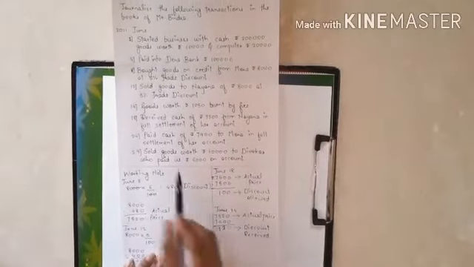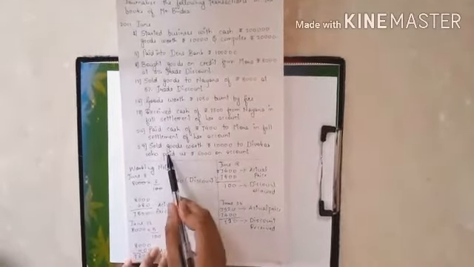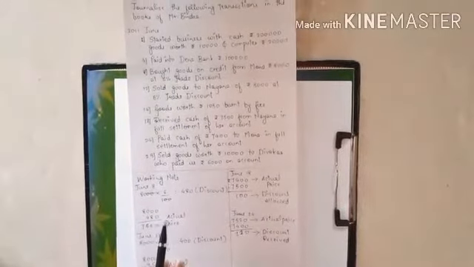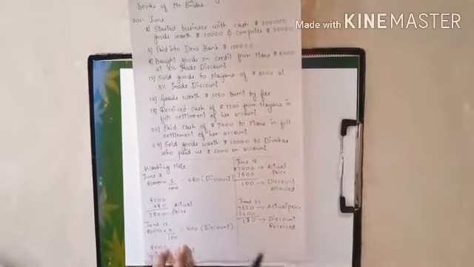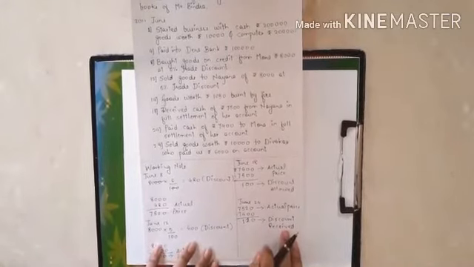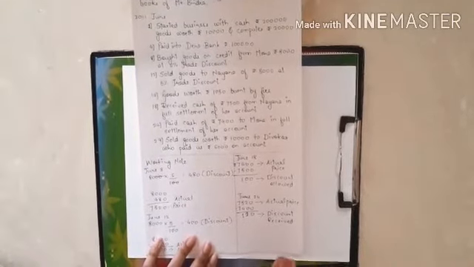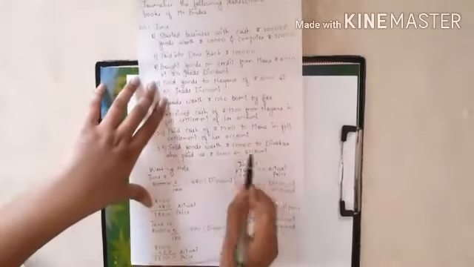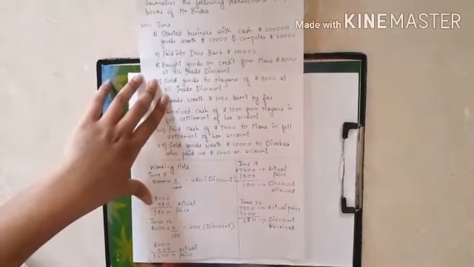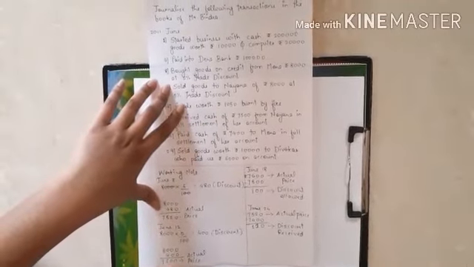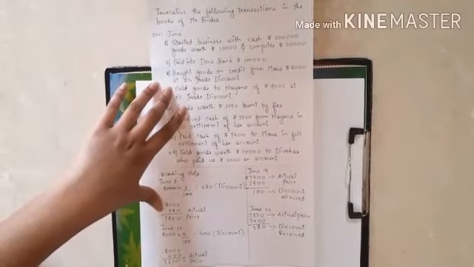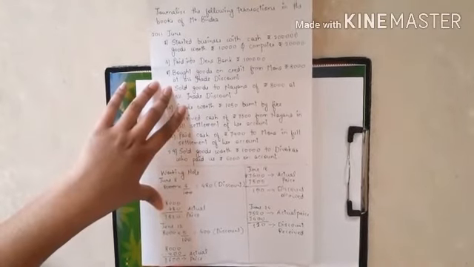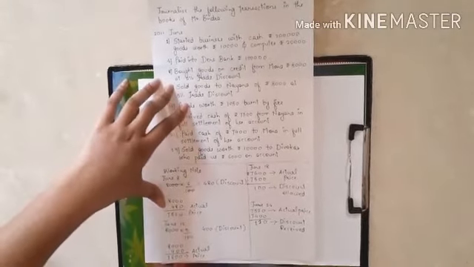Okay. Next, sold goods worth rupees 10,000 to Divakar, who paid us rupees 6,000 on account. Now here, just carefully look at the transaction. What amount of goods we sold to Divakar? Rupees 10,000. So out of 10,000, he just paid rupees 6,000 on account, not in cash, on account.